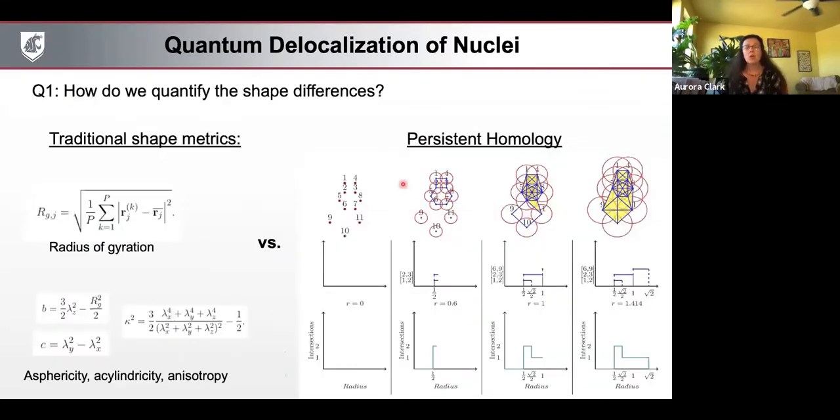And so we're going to quantify shape differences in a couple different ways. There's a lot of traditional shape metrics, like the radius of gyration. And from the radius of gyration tensors, you can get things like asphericity and acylindricity and anisotropy.